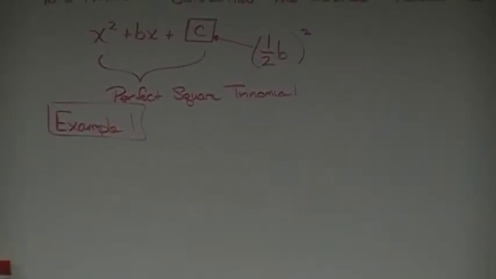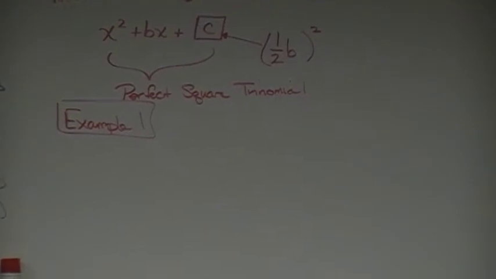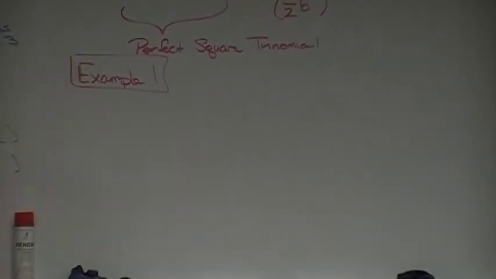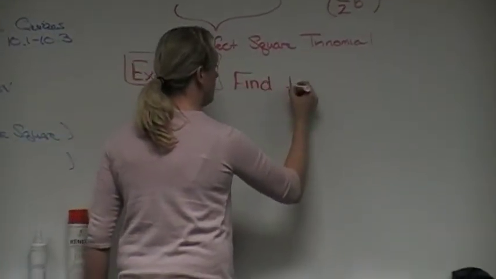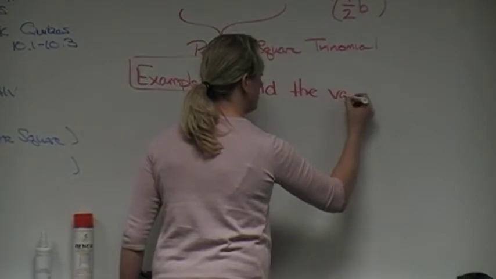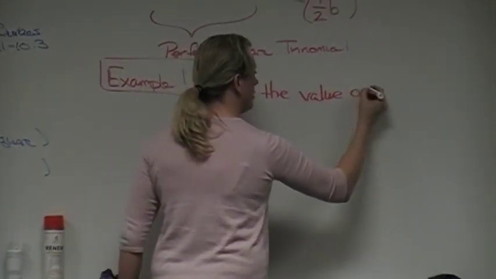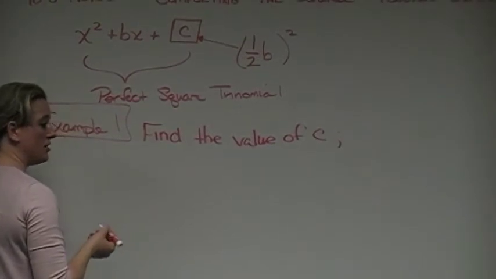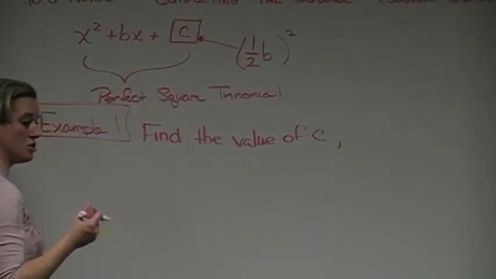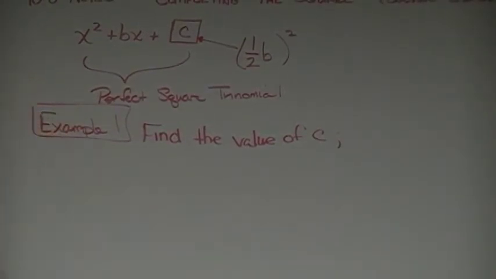So I have an example here. Let me write this down: find the value of c, then write the perfect square trinomial as the square of a binomial. Let me make sure I have that right.